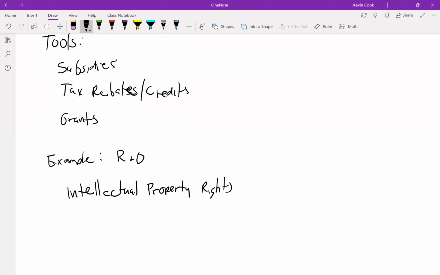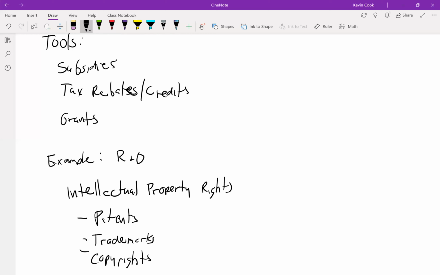The big three that we looked at, and I already talked about this in this review session, so I'm not going to dive too much into these, were patents, trademarks, and copyright laws.